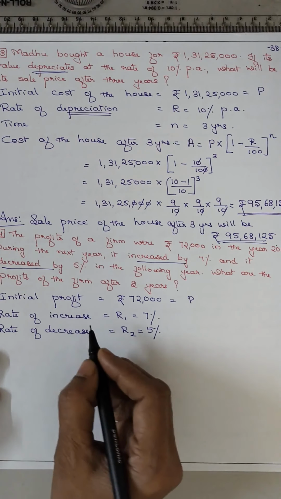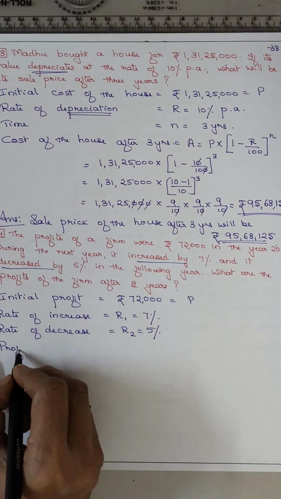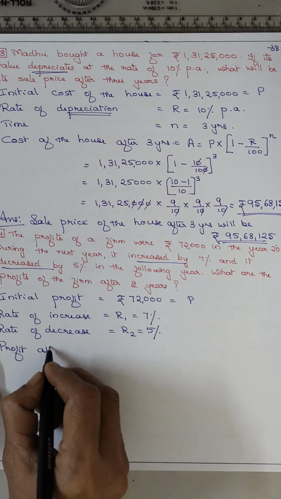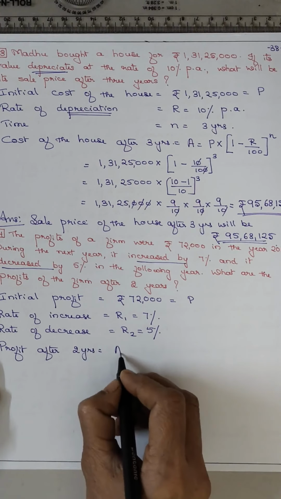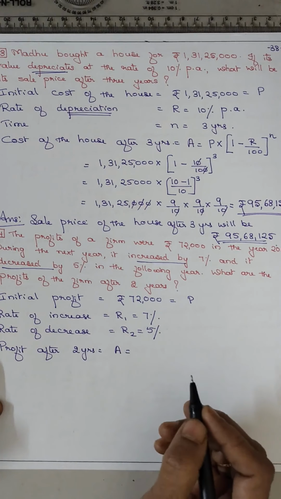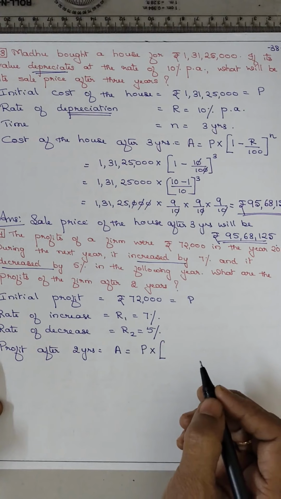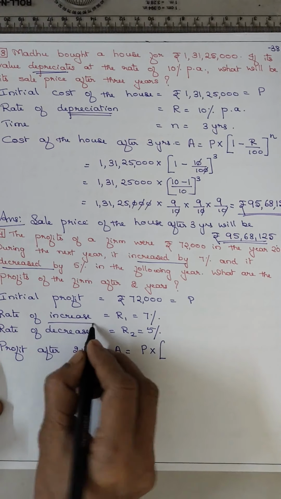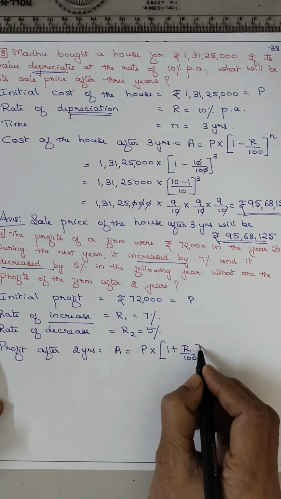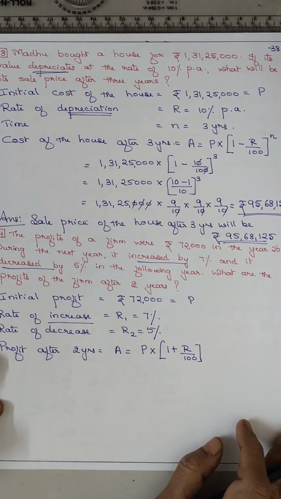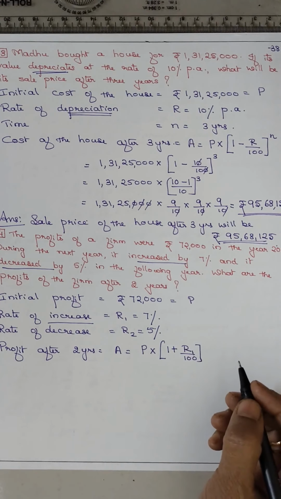टाइम हम नहीं लिखेंगे. Now profit after 2 years, that is A is equal to, now you have to be careful, P into first year it is increase, so it is 1 plus R1 upon 100.